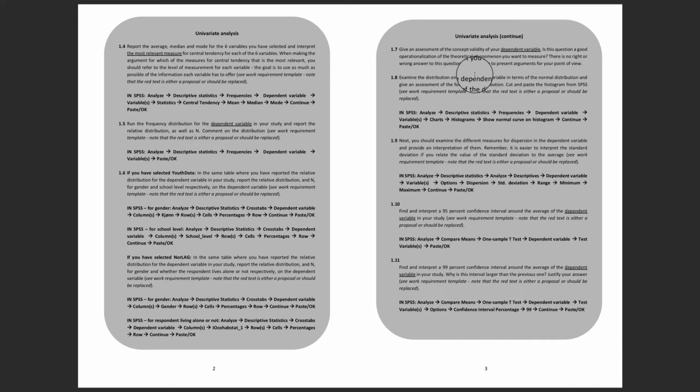And when we come to the third part of the work requirement, I'll show you how you can make a sum of all these questions, so you get a mean for each respondent on the different questions that for example measure depression or what you do in your leisure time, whether you're social or not social. So you can make a dependent variable consisting of several questions, more like an index.